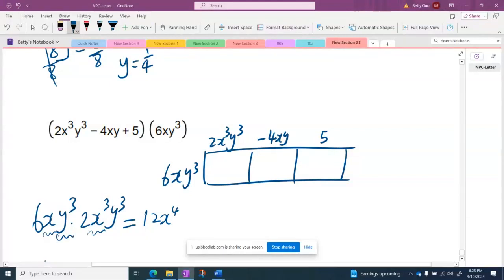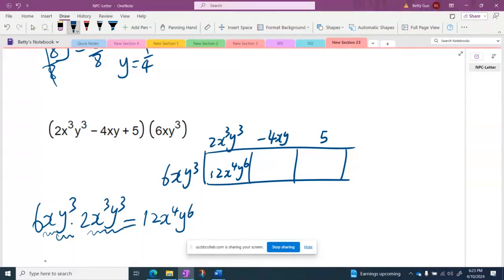And we have a y cubed here and another y cubed here. Y cubed contributes 3 y's multiplied together, and another y cubed, so we have 6 y's. That gives us y to the power 6. So the first cell, we have 12x to the fourth y to the sixth.